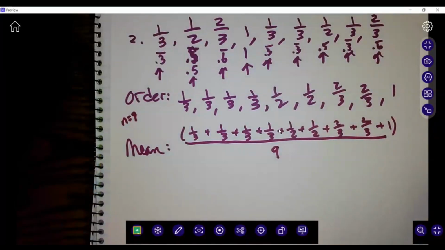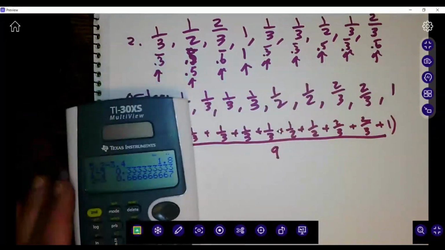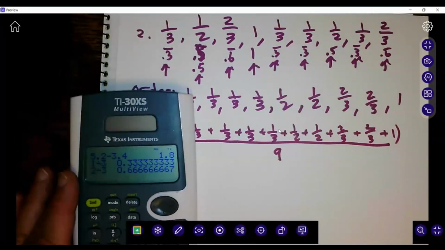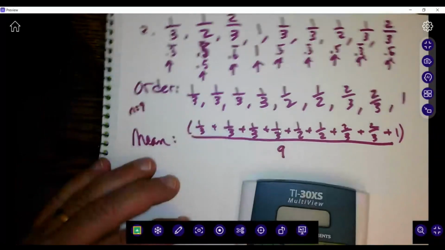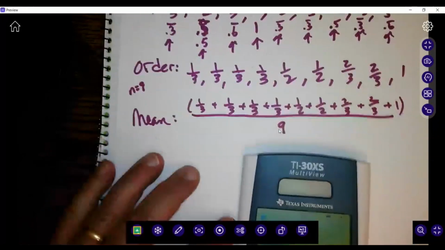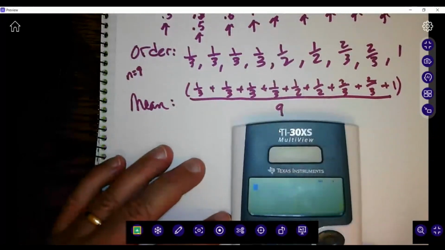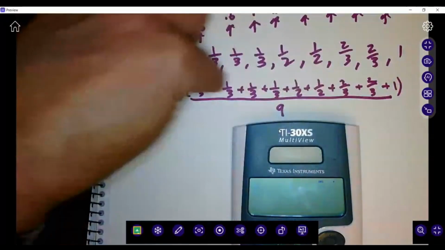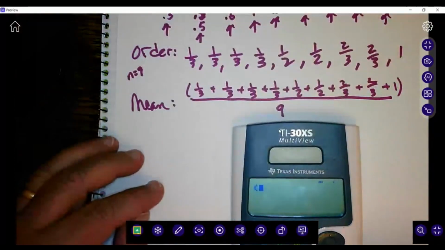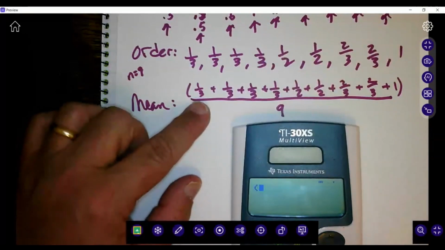Now, if you don't have one of these calculators, that problem is going to be a little more difficult for you. But with this calculator, I'm going to punch in. Since I want all of this done first, I want to add up all of this stuff. I'm going to hit parentheses, and then I have a fraction. There's my fraction button.